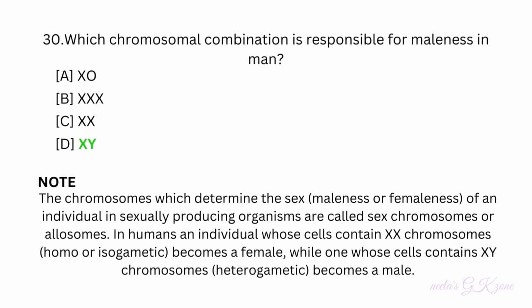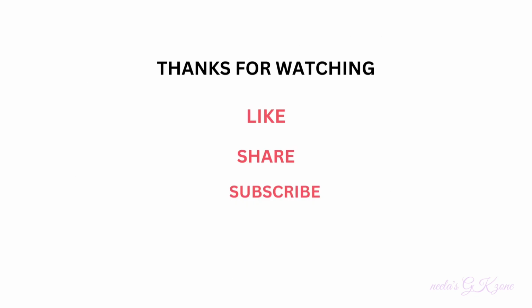The chromosomes which determine the sex, maleness or femaleness, of an individual in sexually reproducing organisms are called sex chromosomes or allosomes. In humans, an individual whose cells contain XX chromosomes, homogametic, becomes a female, while one whose cells contain XY chromosomes, heterogametic, becomes a male.